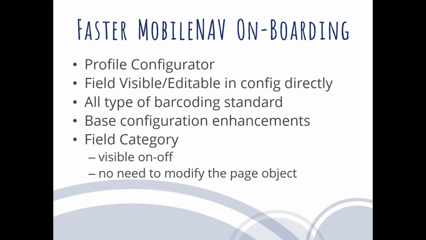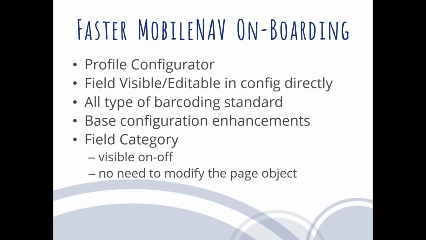Second thing is the field visible and editable. With the previous version you had to use the page object for that purpose, so the page field has to be set to visible or non-editable if you want to change these properties. Now we have also introduced the ability to change that inside the MobileNAV configuration with a button click.